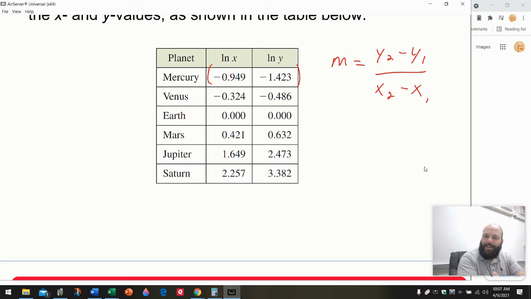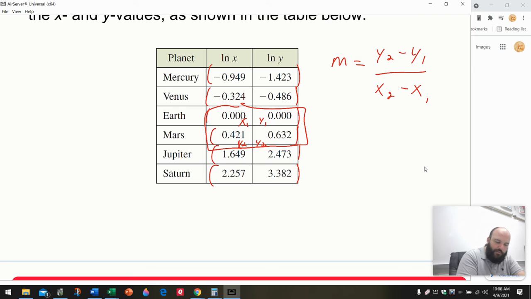Now you can pick any of these to be your y2 and y1 and x2 and x1. My advice would be to pick the two points that are the closest together because it's the easiest to figure out the slope. So I will call this x1 and y1, and I'm going to call this x2 and y2.